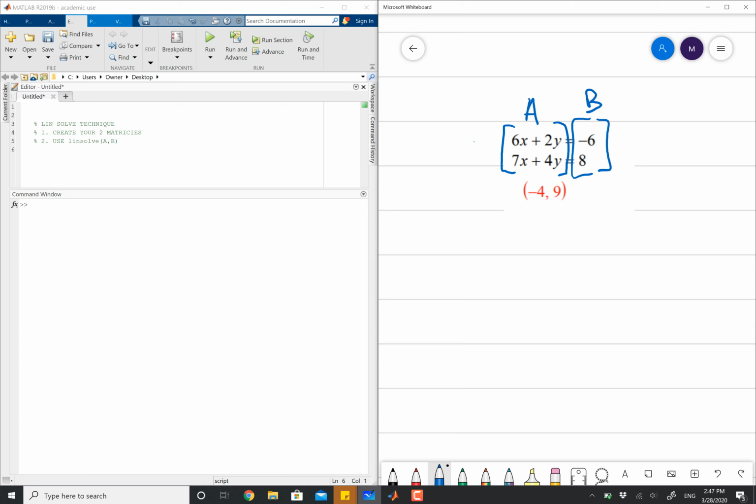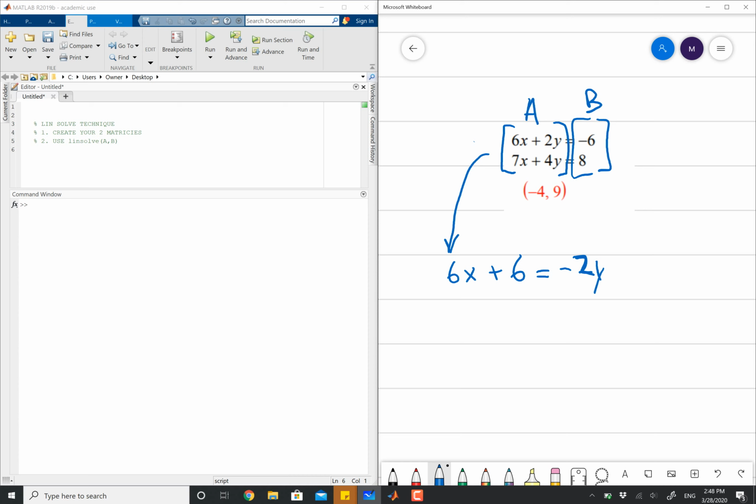But your teacher could also play with you and modify this equation and say 6x plus 6 equals negative 2y. That looks like a z, but okay. You always want to separate your variables and your numbers when you're dealing with an equation.